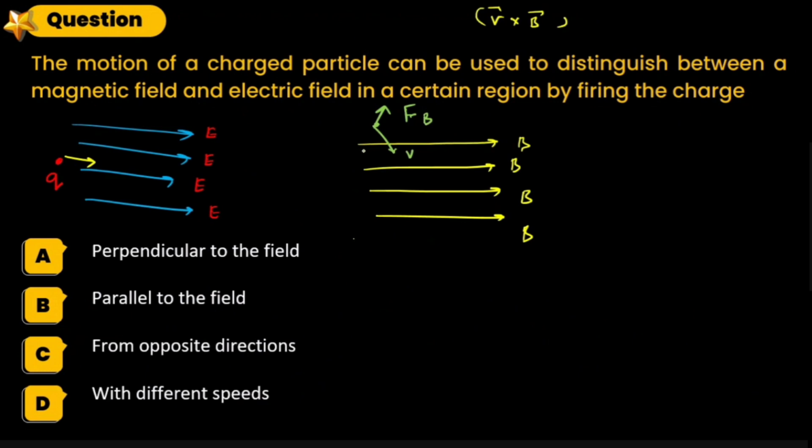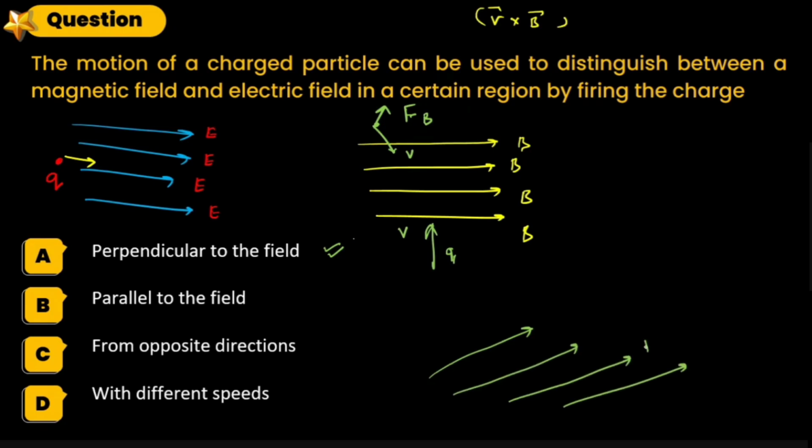The question says we have to answer how the motion of a charged particle can be distinguished when it is put in the magnetic field as well as when it is put in an electric field. So we must say that if we fire the charged particle perpendicular to the field like this, with some velocity v, let us understand it.